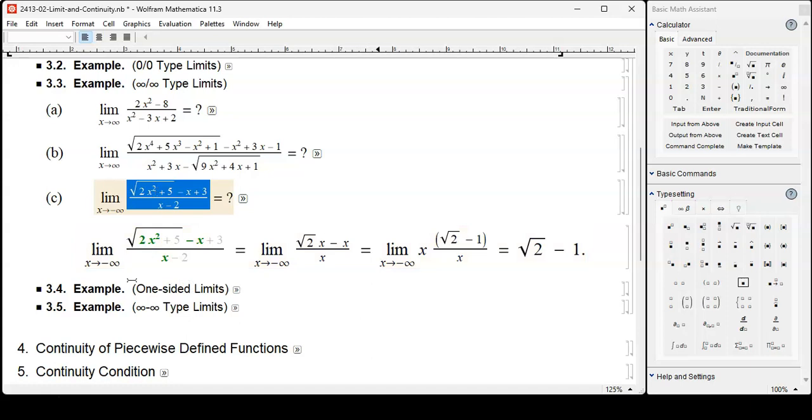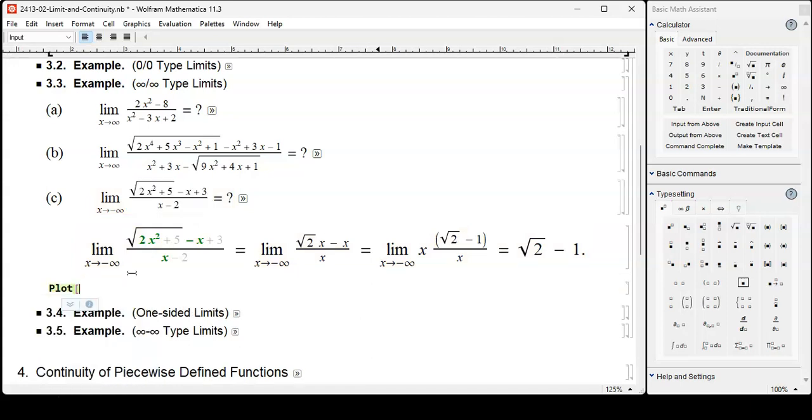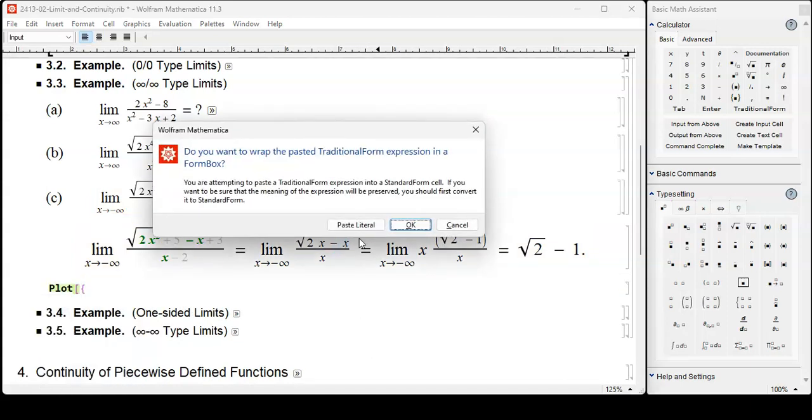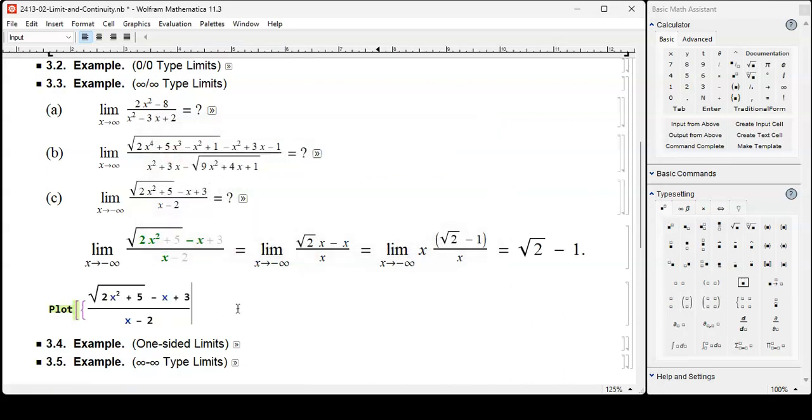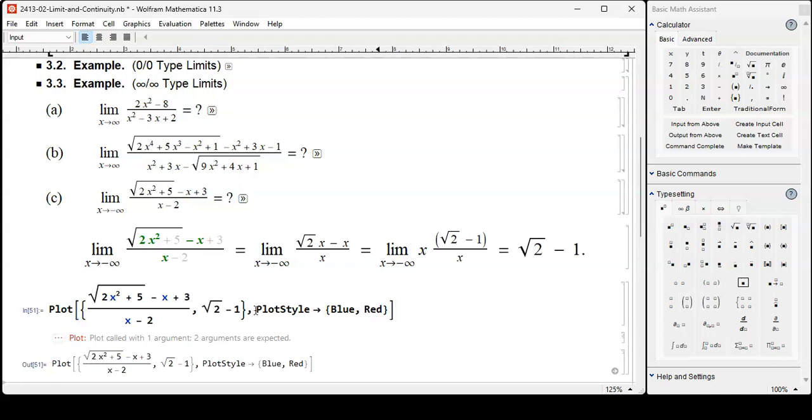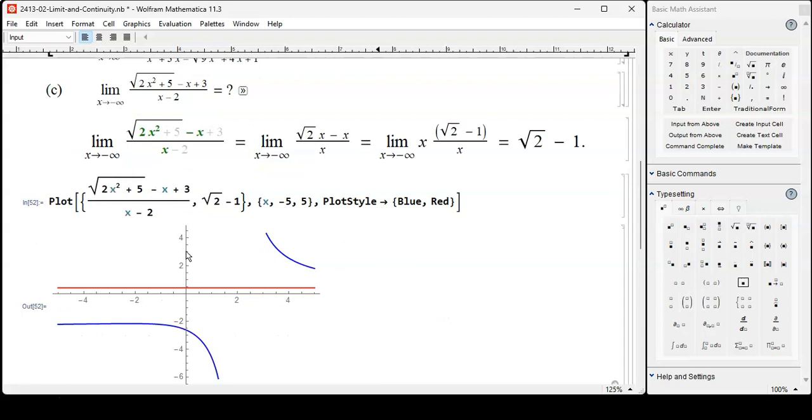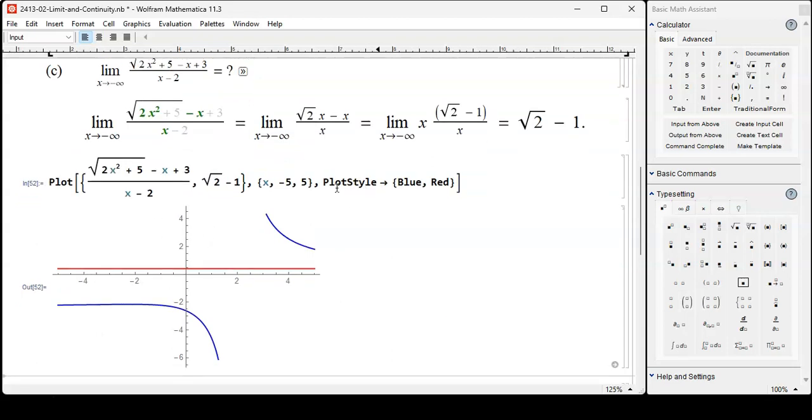Let's verify graphically. All right. And square root of 2 minus 1. Plot -5 to +5, and of course they don't look anywhere close to each other.